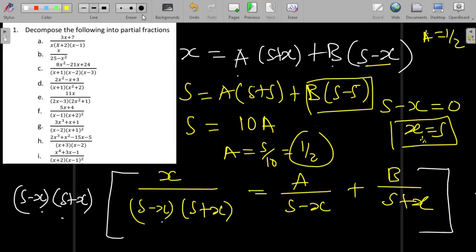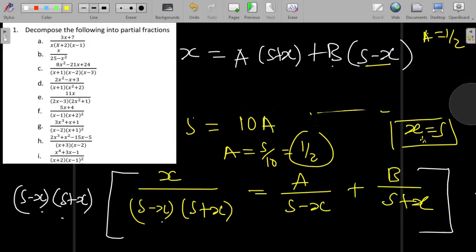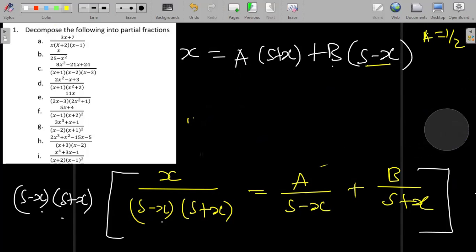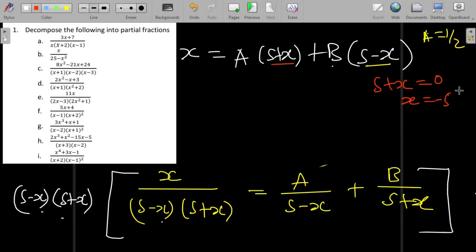We can also do the same: we can eliminate a and then find b. How are we going to eliminate a? We say let 5 plus x be equal to 0, so x will be equal to minus 5. Wherever there's x, I'm putting minus 5 now.